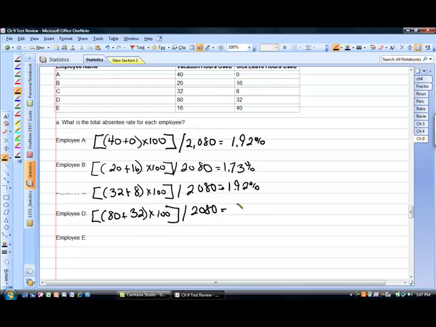Divide that by 2080, and that gives us 5.38%. Employee E, we had 16 vacation days, 40 sick days. Divide that by our 2080, and we get 2.69%.